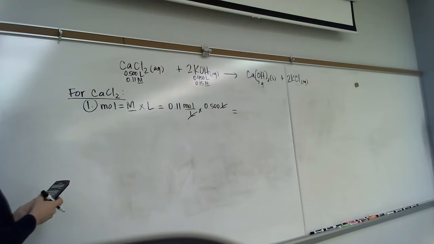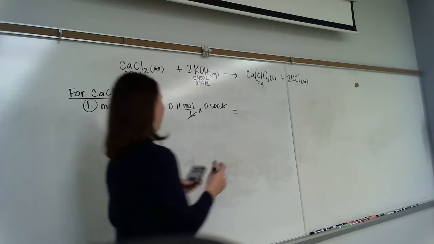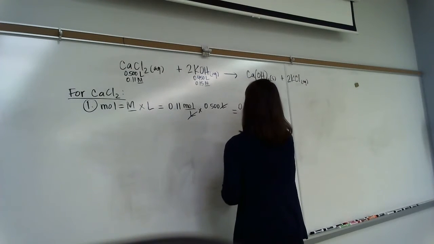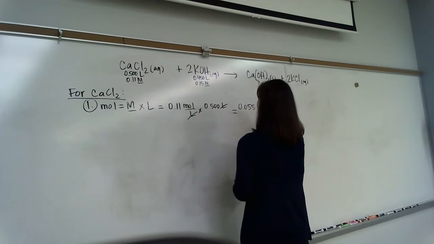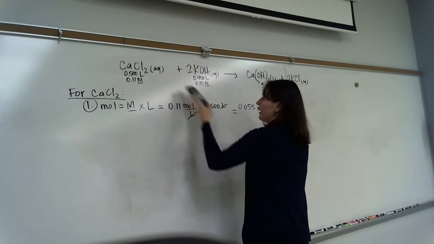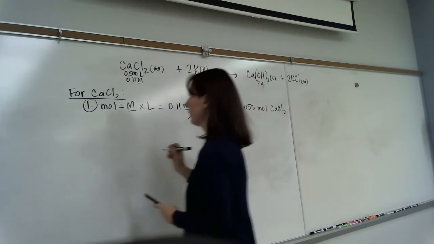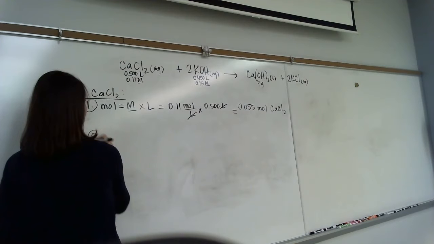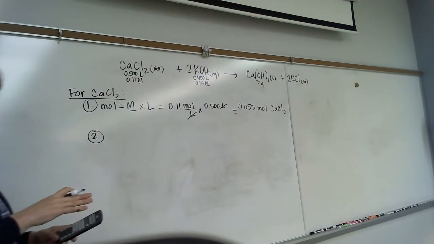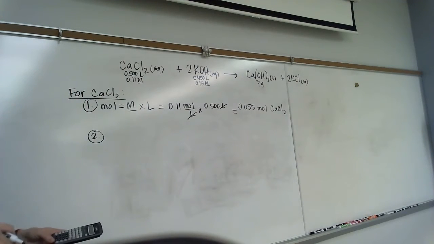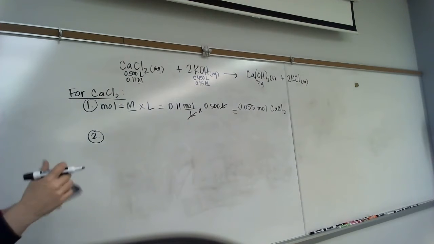0.11 times 0.5 is 0.055, and that's moles of CaCl2. Now, step 2 is always still the mole ratio. Step 2 doesn't change. Whether it's regular stoichiometry or solution stoichiometry, that part doesn't change.